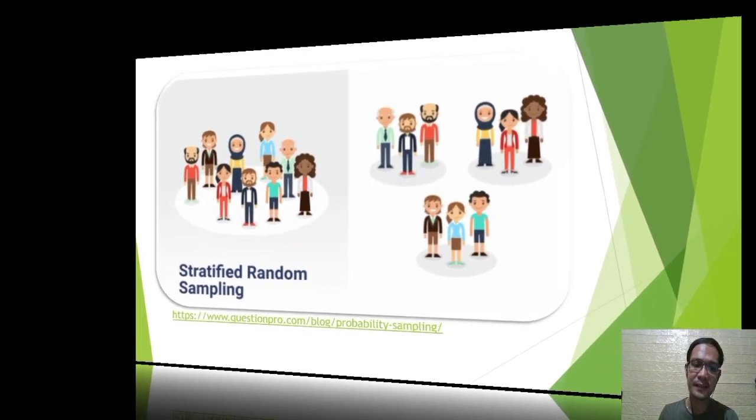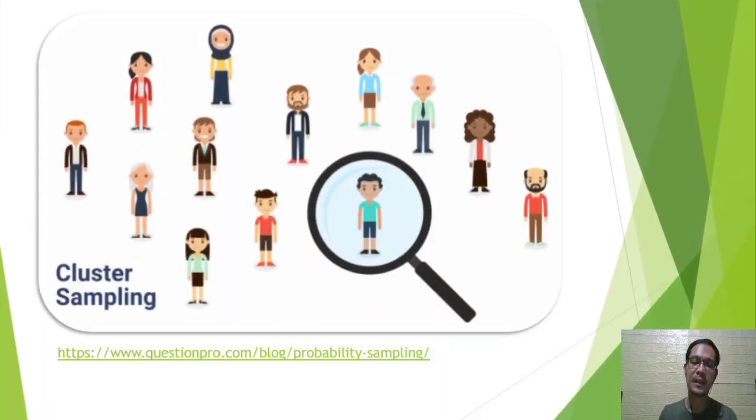So the fourth is cluster sampling. This is a two-step probability sampling technique where the target population is first divided into mutually exclusive and collectively exhaustive groups called clusters, and then a random sample of clusters is selected based on a probability sampling technique such as simple random sampling.